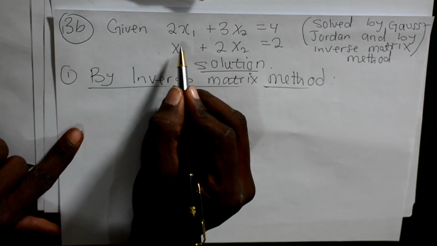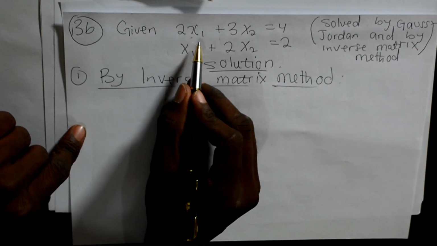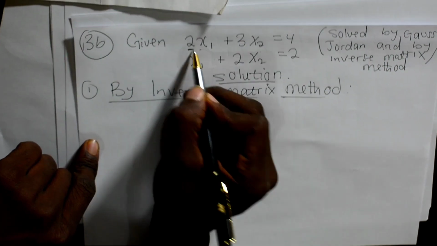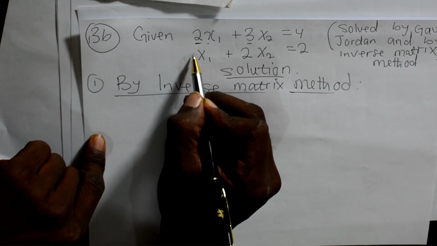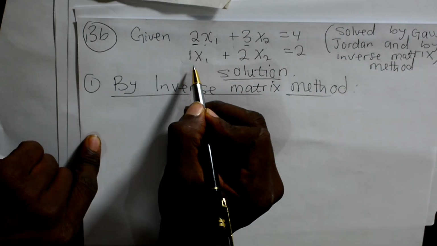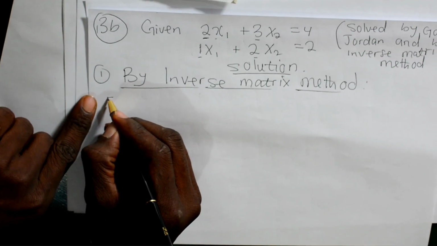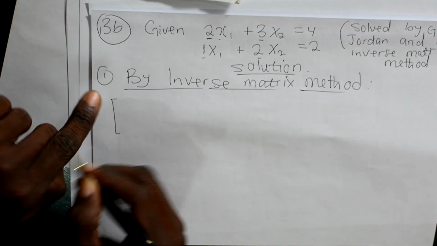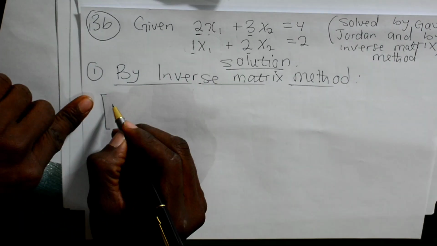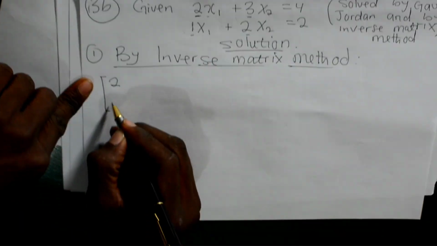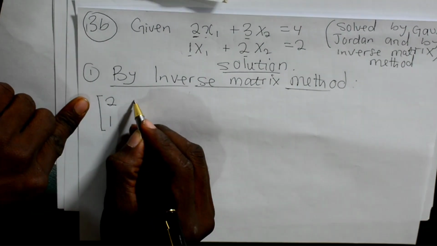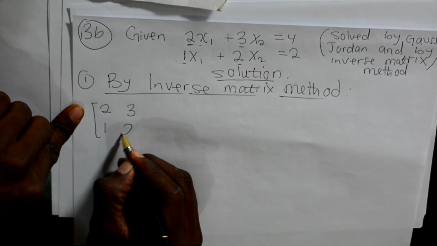So now, given this, each variable has its coefficient. This has a coefficient of 1. So we are going to put these coefficients in a matrix. Here it is: we have 2, 1, 3, and 2 as the coefficients.